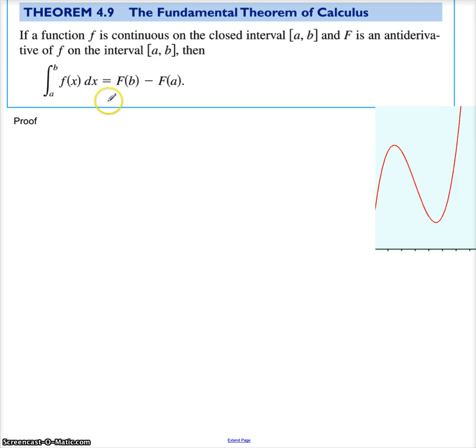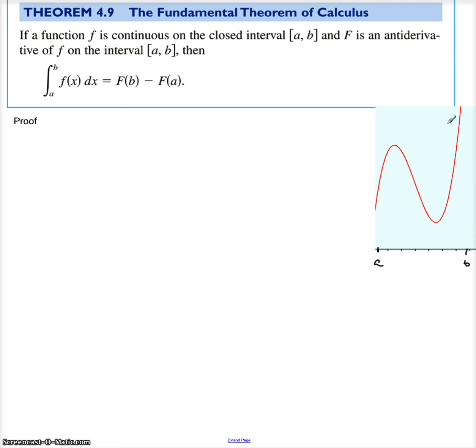It says, suppose I have a function that's continuous on a closed interval from a to b, and this is my general function here, and this is my a, and this is my b, and it's differentiable, and it's continuous, and so I'm in good shape. And it has an antiderivative on the closed interval. Then this integral, or the area under the curve between a and b, is equal to the antiderivative at b minus the antiderivative evaluated at a.